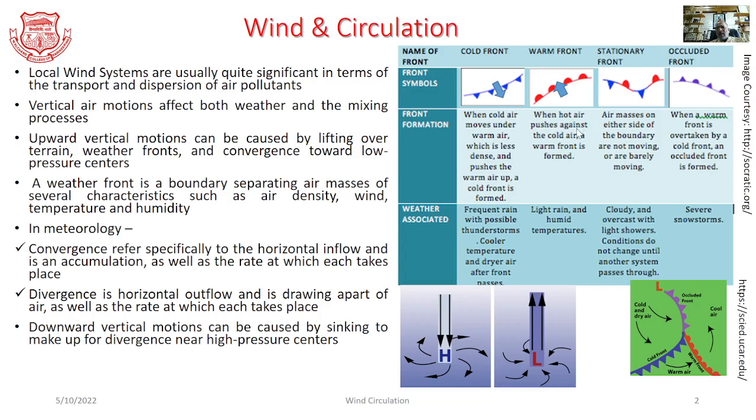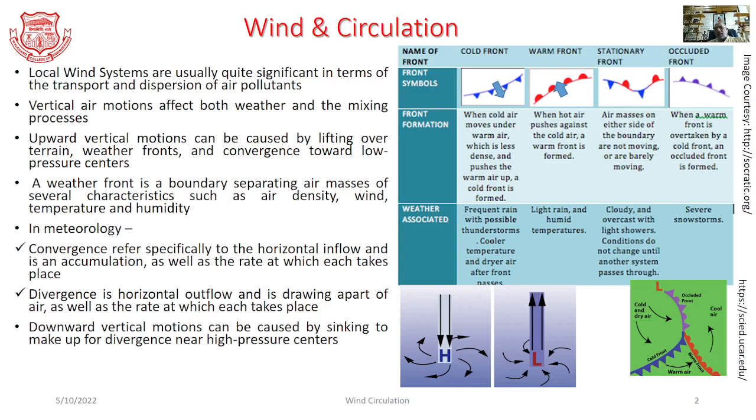In the warm front, hot air pushes against the cold air. It is obvious that this hot air is less dense, and it will be difficult for that hot air mass to push the cold mass.